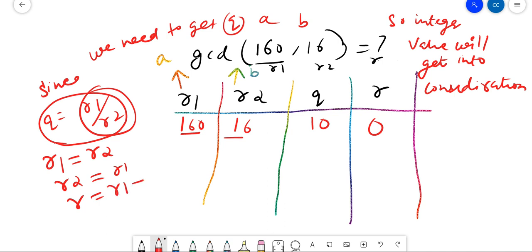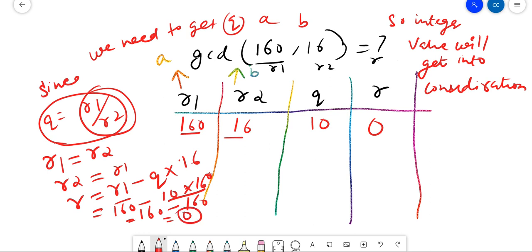R equal to R1 minus Q into R2. We can check: R1 is 160, minus Q that is 10, into R2, that is 16. Now 160 minus 16 into 10, that is 160. So the remainder we will get is 0.